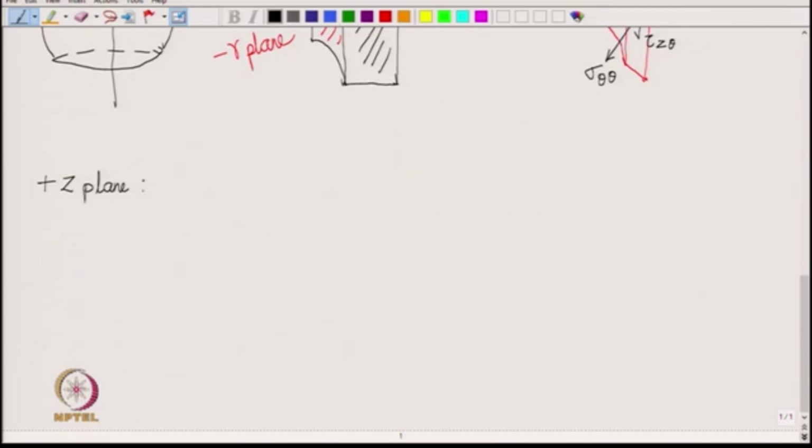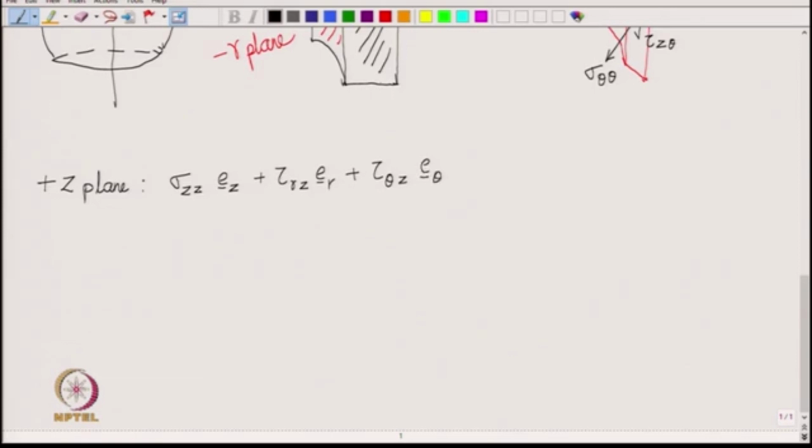It is T z, right, and it has 3 components. So, it becomes sigma z z E z plus tau r z E r plus tau theta z E theta, right.